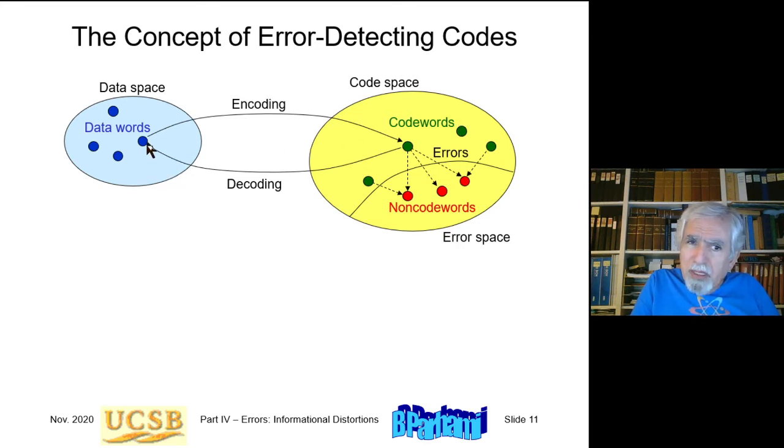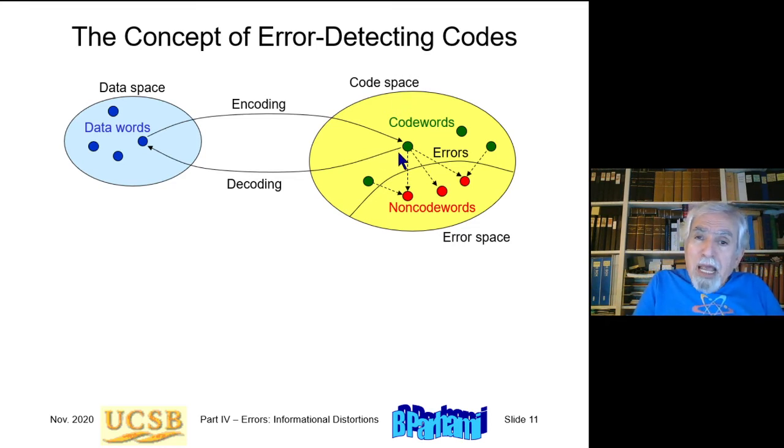There's a one-to-one relationship between data words and code words, although it doesn't have to be one-to-one. For example, a particular data word can have 2 code words. Going back, each code word must go to a unique data word because otherwise we won't be able to decode it. But it's possible to have 2 different code words for one data word. Usually we don't, but theoretically it's possible.